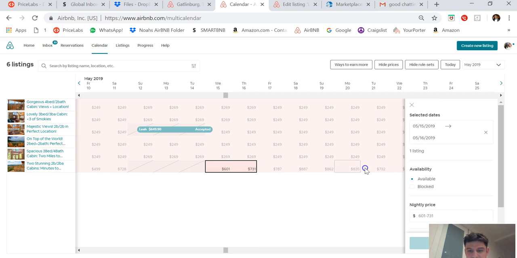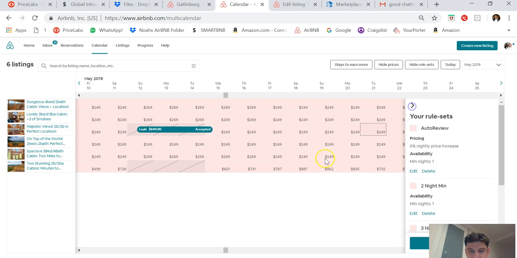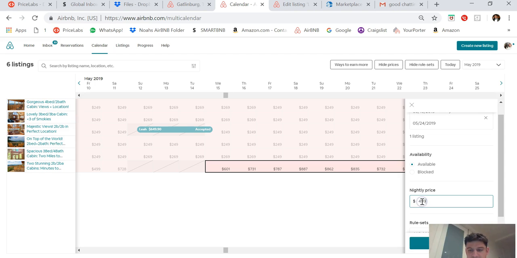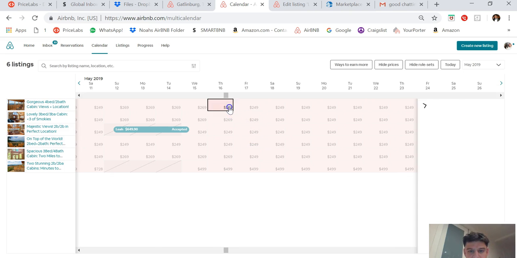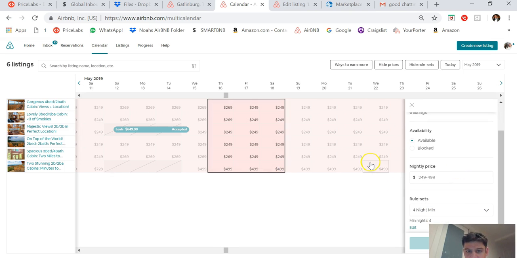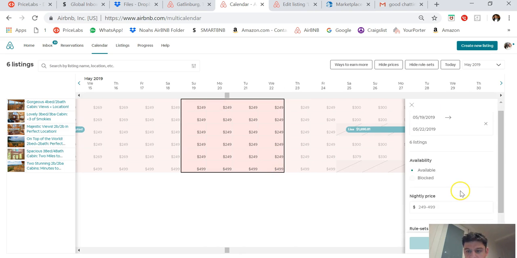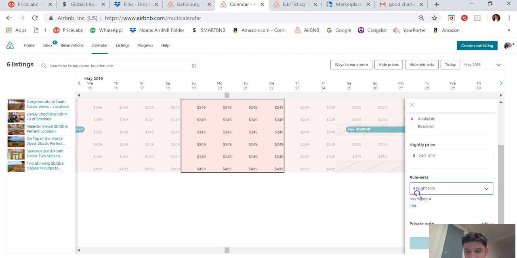And the double cabins, we're going to do that like 499. Okay. Thursday, Friday, Saturday, we'll do our 4-night min. Sunday, Monday, Tuesday, Wednesday, we'll do our 3-night min.